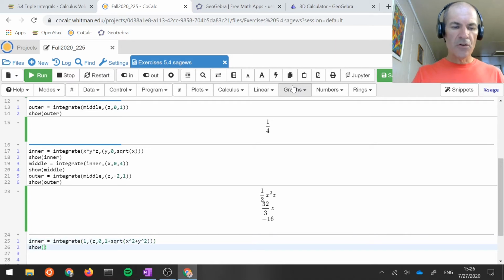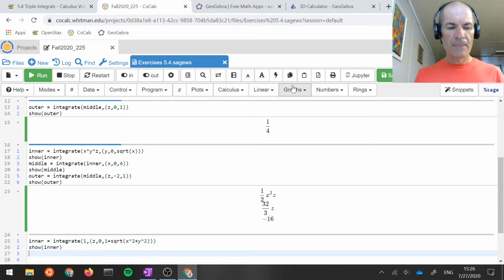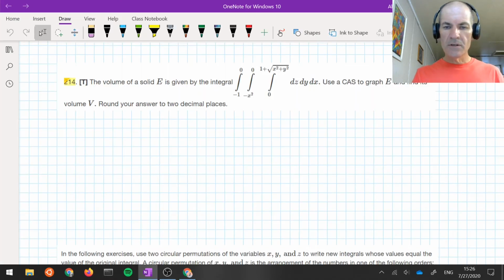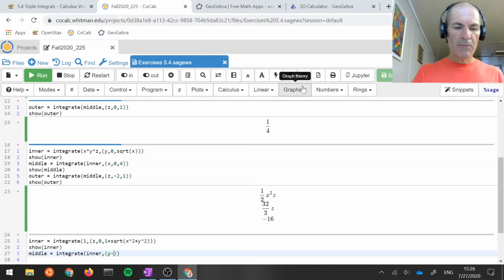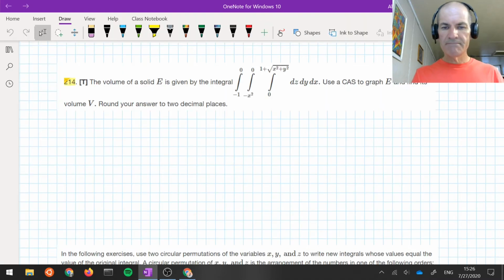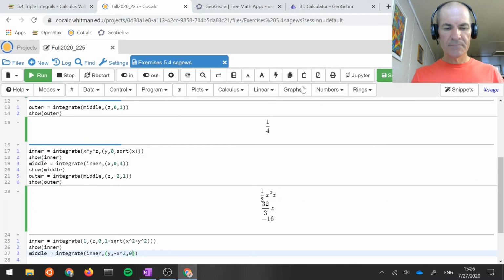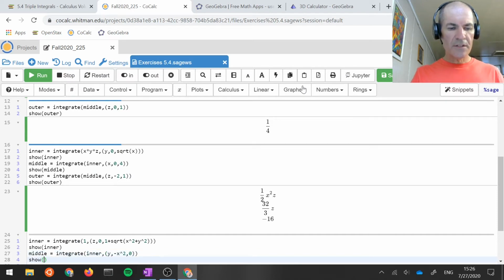And then I'll just show that result, just because you might be interested along the way. Let's do the middle. In the middle, we're integrating the inner with respect to y from minus x squared up to 0. Alrighty.